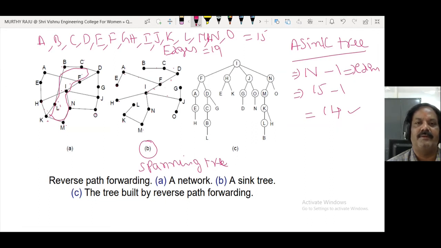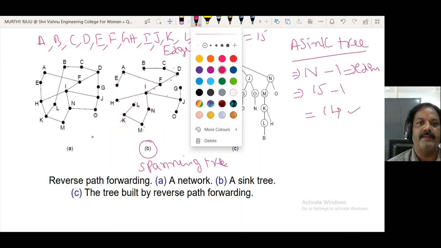That is good. But all the nodes are connected: B to C, C to D, D to F, F to I to N, N to M, M to K, K to L. All the nodes are connected. The third loop is also completed.